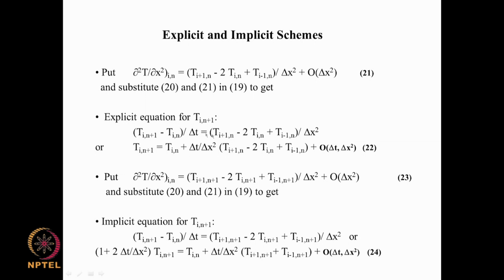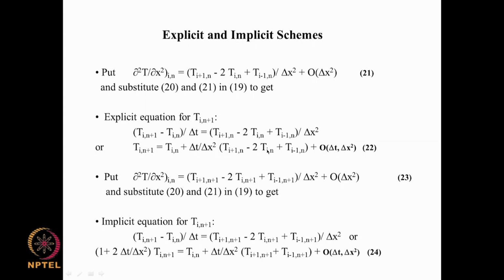So, you have this equal to (T_{i+1}^n − 2T_i^n + T_{i−1}^n) divided by Δx², and you can rearrange the terms and take this one to the right hand side, and then you can express it as T_i^{n+1} equal to T_i^n plus Δt by Δx² times (T_{i+1}^n − 2T_i^n + T_{i−1}^n).